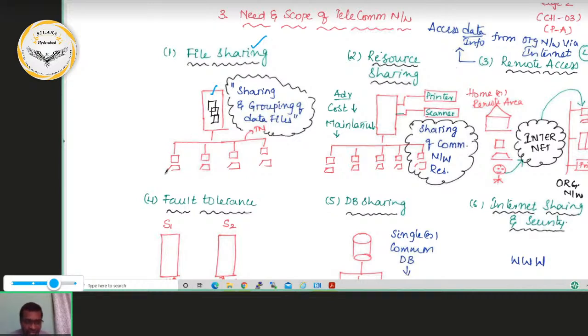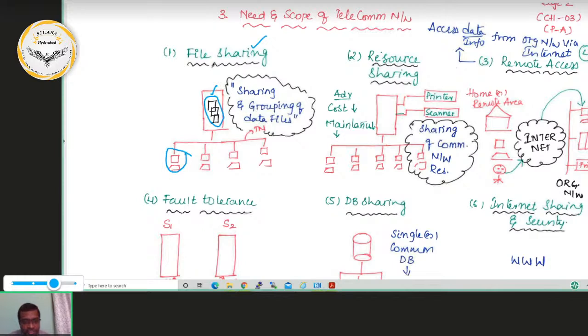What do you mean by client? A client consists of a single processor; that definition we will also study. A server is an advanced computer, and a client is a computer which consists of only a single processor. Now let us assume I have certain files. I have grouped them and placed them on the server so that the clients can access them.